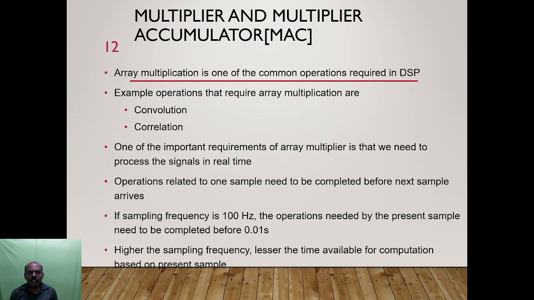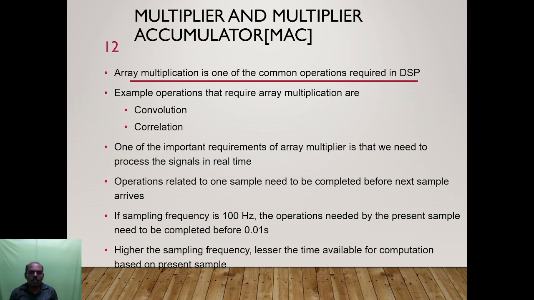Multiplier and multiplier accumulator. Array multiplication is one of the common operations required in DSP. Example operations that require array multiplications are convolution and correlation. Correlation is of two types. First one, autocorrelation, second one, cross correlation.